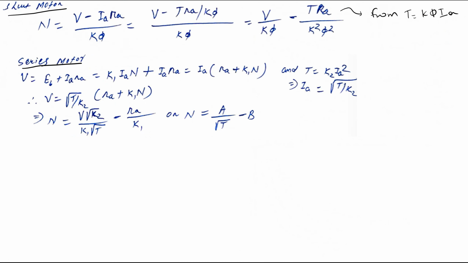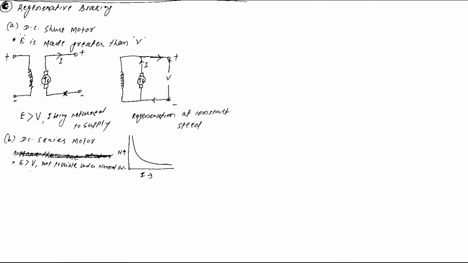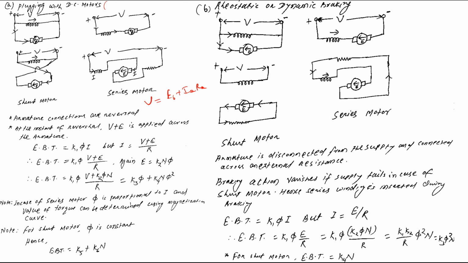V equals EB plus IARA. And what we get is IARA equals V minus E. As soon as we change the supply, this converts to plus.